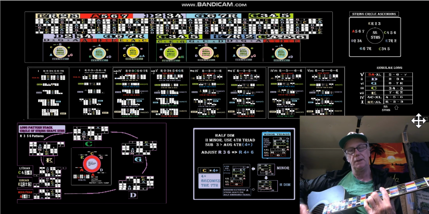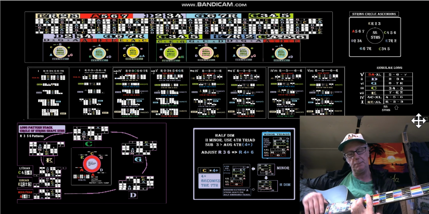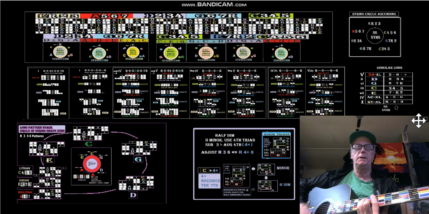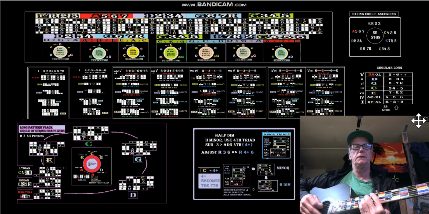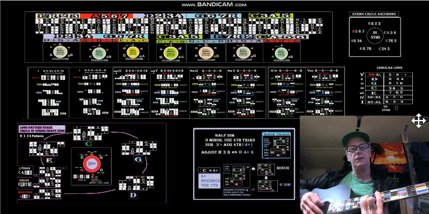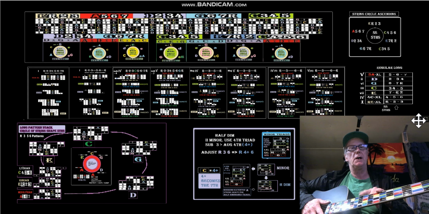So we'd have the G action box there, and then from G we go to the E box. So the root would be the E shape. The fourth of the E shape is the A shape, and the fifth would be down here at the C shape. So that defines the entire E box there.